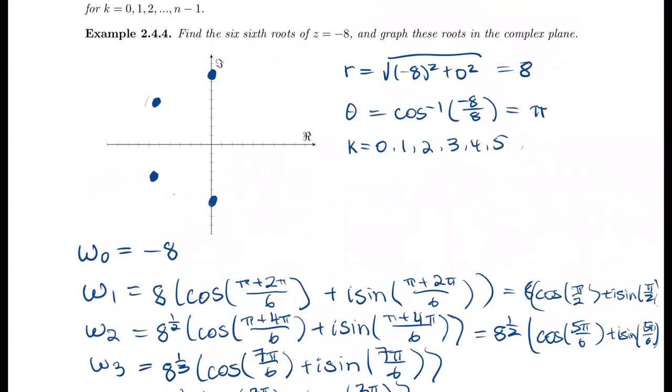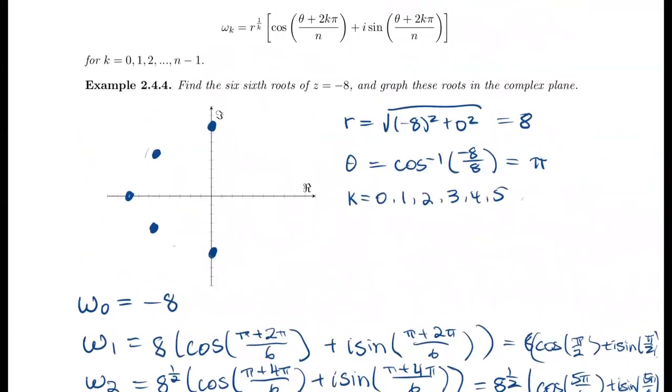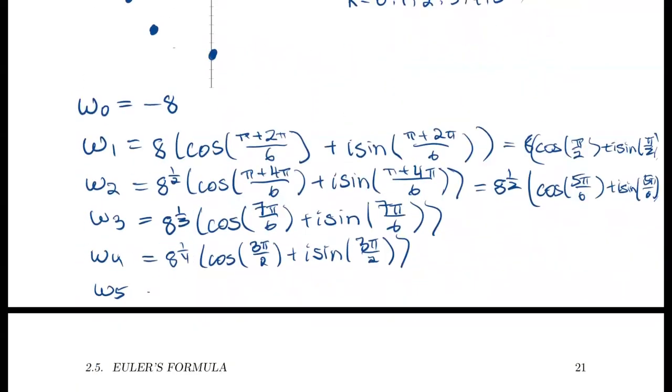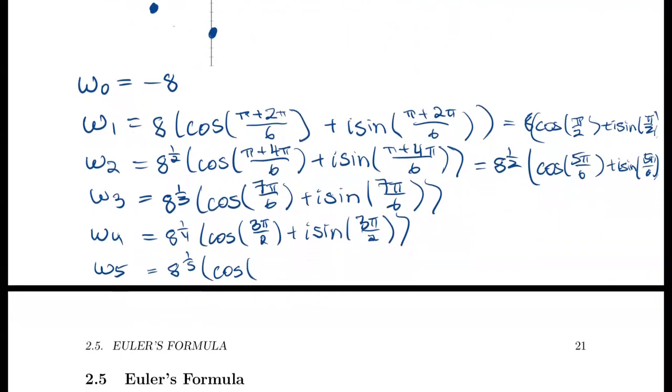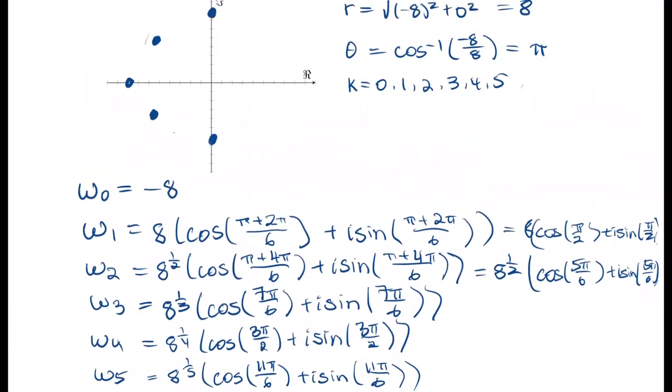Let me see what we get. So W5, 8 to the power 1 over 5 cosine of 11 pi over 6 plus i sine 11 pi over 6. So that is somewhere in quadrant 4 now.